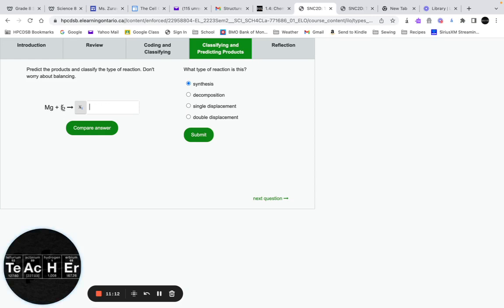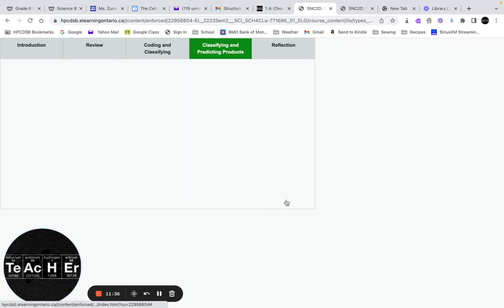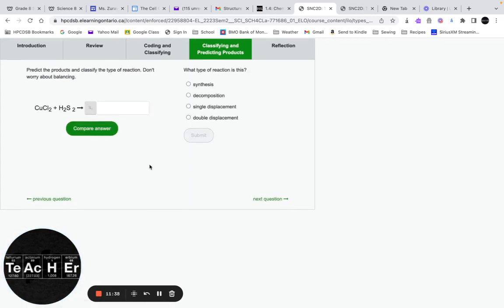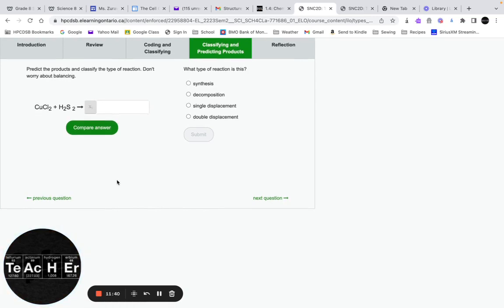Well, magnesium and iodine would come together. And do not forget about your rules of ionic compounds. Magnesium has a charge of 2. Iodine has a charge of 1 when it's in a compound. We apply the crisscross rule, and then you can compare your answer there and see if you get it right or not. Submit this. Everything's good. You can move on to the next question. Okay, these are really, really, really good.